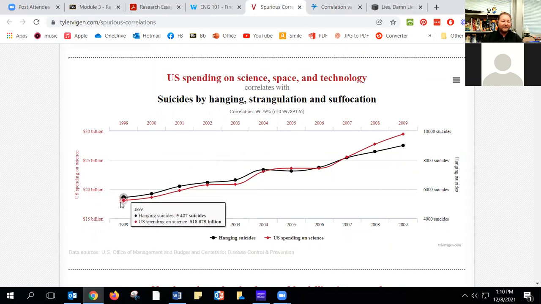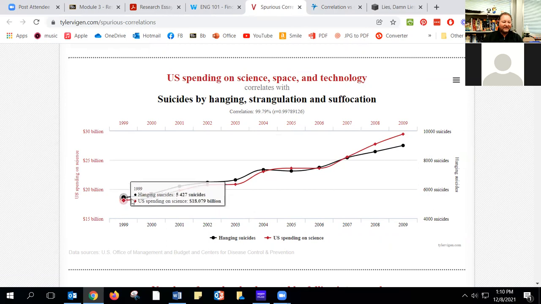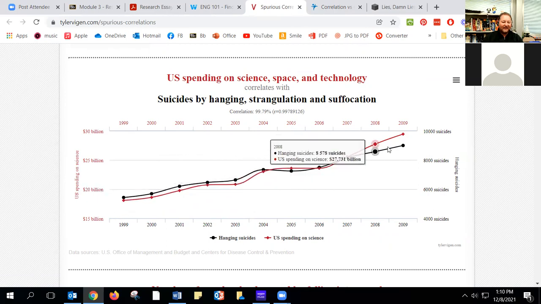So we look at the red line, the US spending on space and science technology, it goes like this. And the exact same kind of stuff, look at this line. Oh, look at this line of suicide by strangulation and hanging. Oh, there's an insane correlation. They're so close, right? Do these two have anything to do with each other? Not a thing, right? But they do correlate with one another. They do not cause one another.